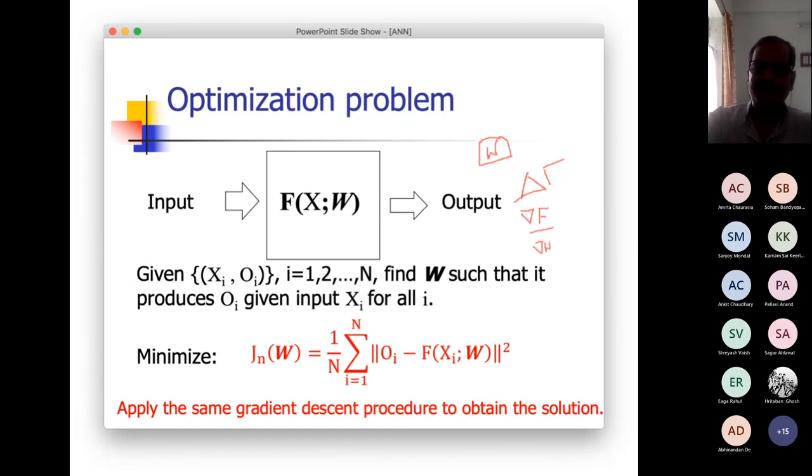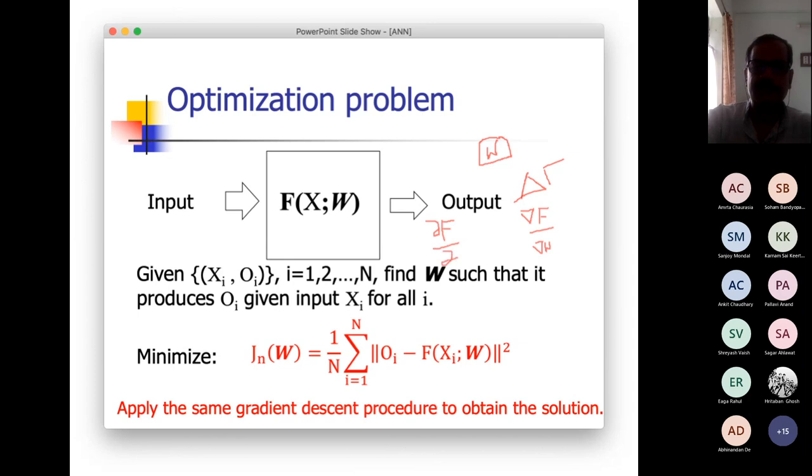There are different ways to write it. Usually the partial derivatives are written, and in the multi-parameter space it is written in the Jacobian, in matrix form, and many other forms. Intuitively, since it's multidimensional, you are computing the partial derivative of this function with respect to one component of the weight vector.